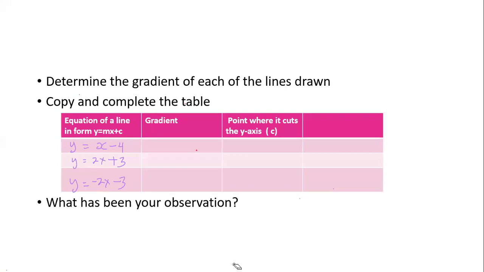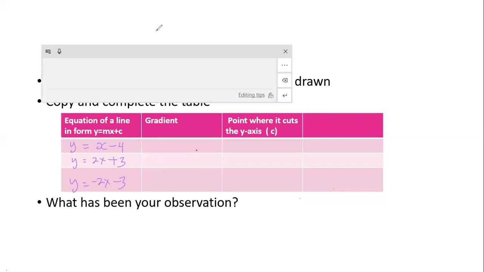Now the next question. Put in the gradients you have obtained. Put your gradients the way you obtained them. People were telling me, but someone can raise up the hand and tell us.